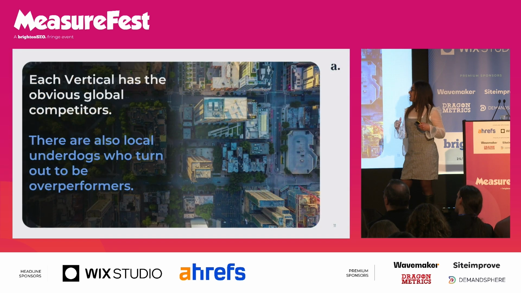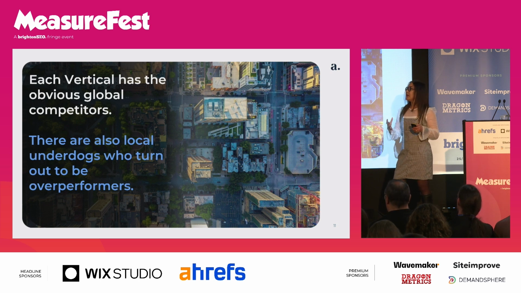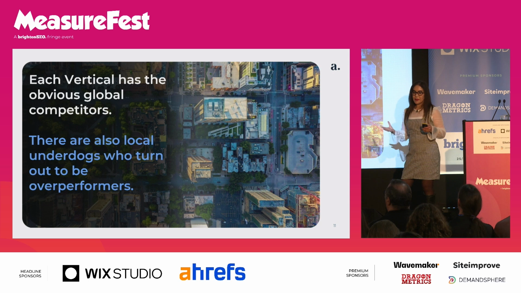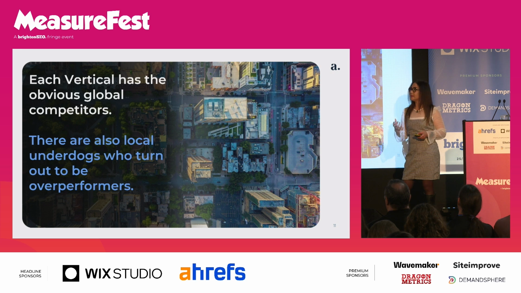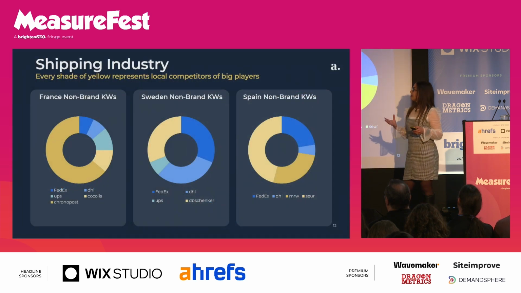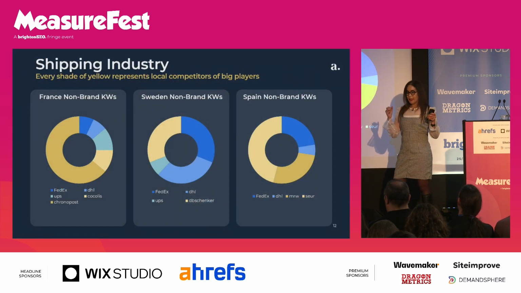So we know that in each vertical, we do have global competitors. However, we've seen, like from previous work and experience, that there's always local underdogs that you've never heard of, and they're really doing really well and overperforming. This is a quick example in the shipping industry.